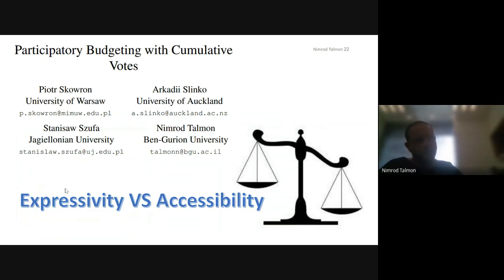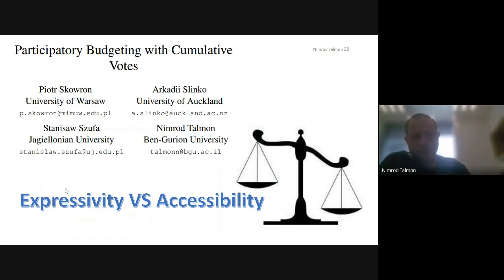As I described before, the most popular ballot type is that people come to the ballot booth and select the projects that they want. Usually this comes with some limits. In Warsaw, if I remember correctly, people select at most 10 projects, and in Cambridge, the example that we saw before, people select at most 5, but all of these are approval ballots.